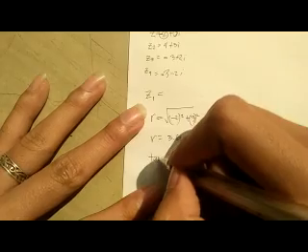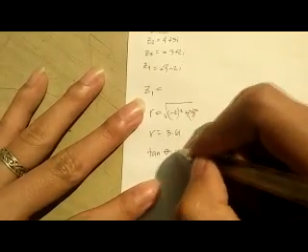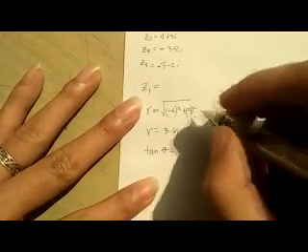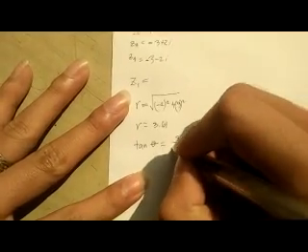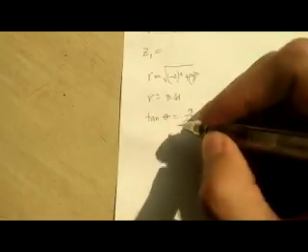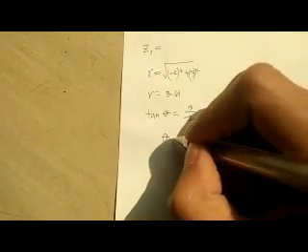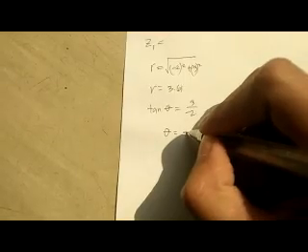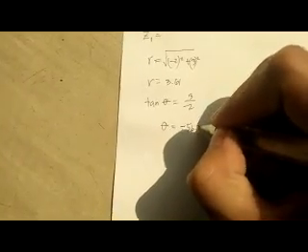And in angle, tan theta is equal to 3 over negative 2, and you'll get an angle which is equal to negative 56.31.